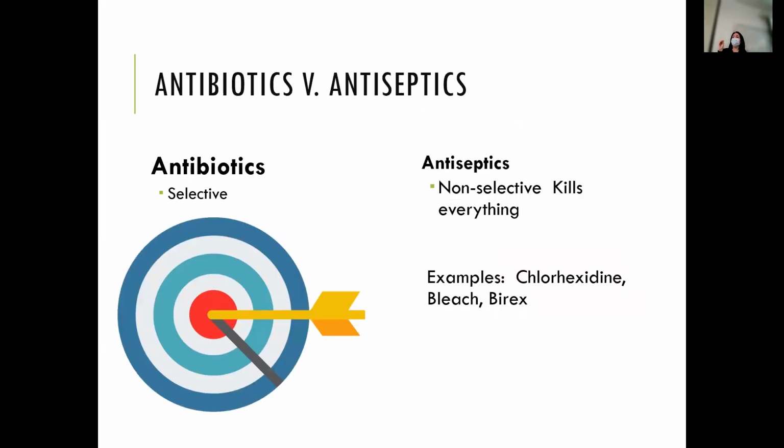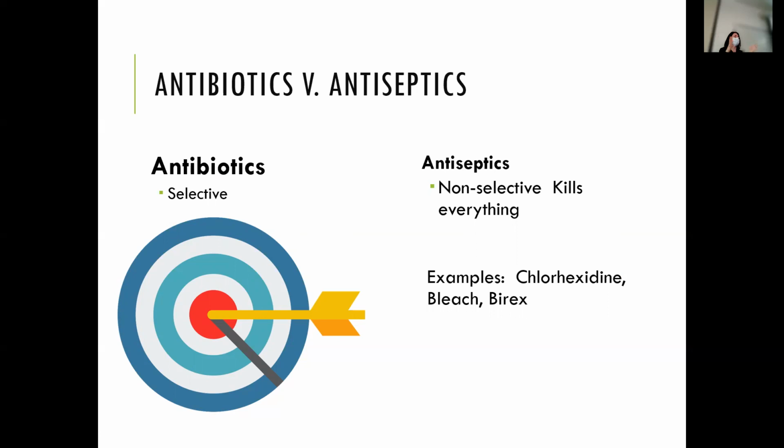So again, we want the antibiotics to be highly selective, but usually they're not, but that's the goal. And then with antiseptics, opposite to antibiotics, antiseptics just wipe out everything. They just kill everything, so they're not selective in what they do.